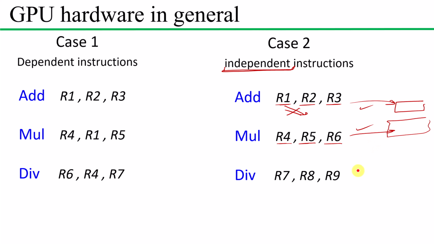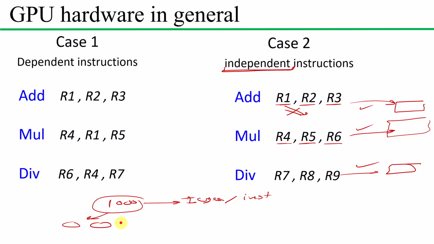This also can happen on a large scale. For example, imagine that we have 1000 instructions with each requiring just one cycle for the execution. In this independent scenario, all instructions would be executed in parallel at once on 1000 cores, finishing collectively in just one cycle.